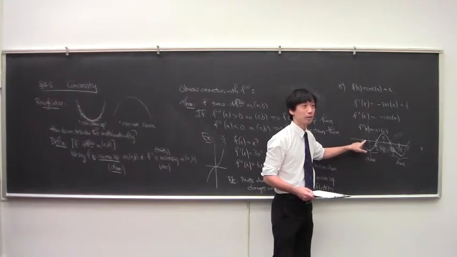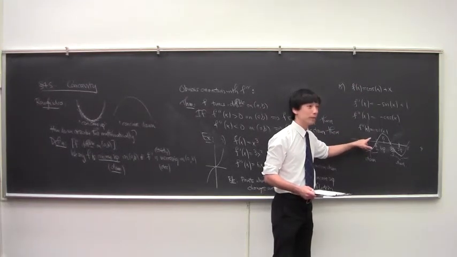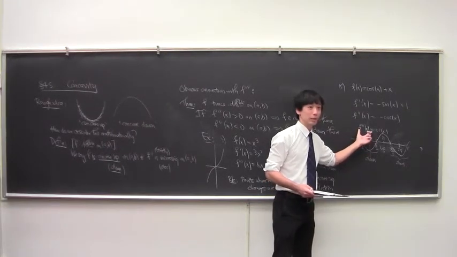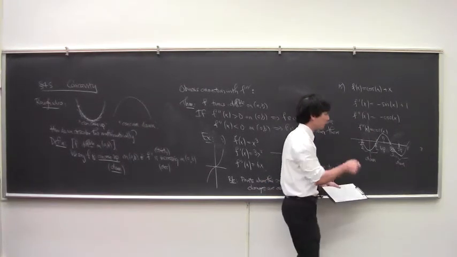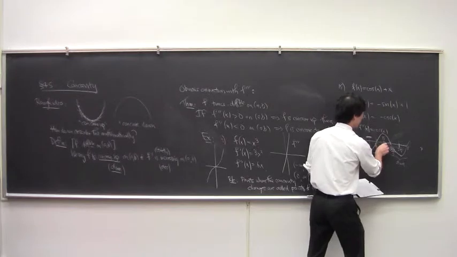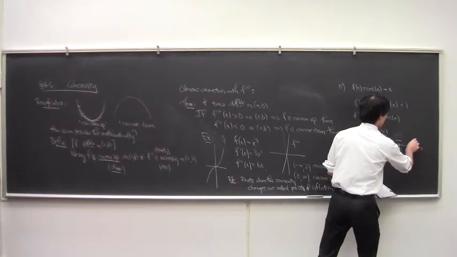But you drew positive cosines and negative cosines. I drew it first, and then I flipped it over. So you can't just look at the graph. This is the graph of the second derivative. What's important here is the sign. It's negative here, positive here, negative here.